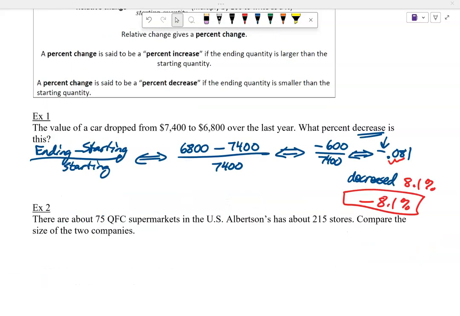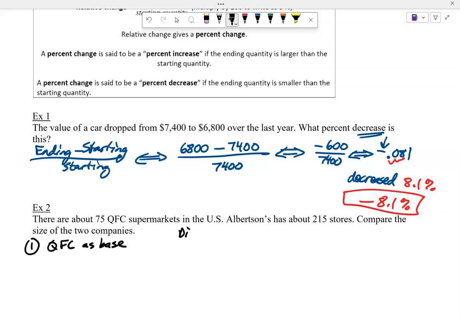All right, example 2, we've got 75 of these QFC supermarkets, and Albertsons has 215 stores. Compare the size. Let's do the first one. Let's compare it with QFC as the base, so the denominator, right?